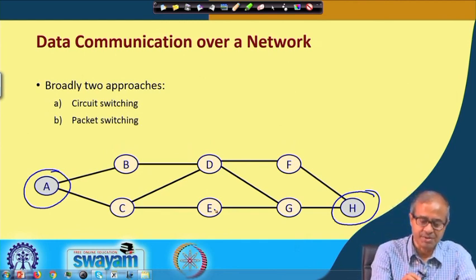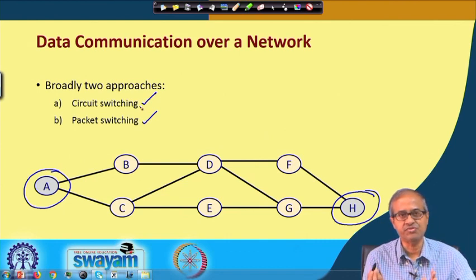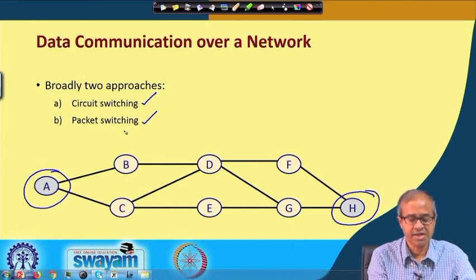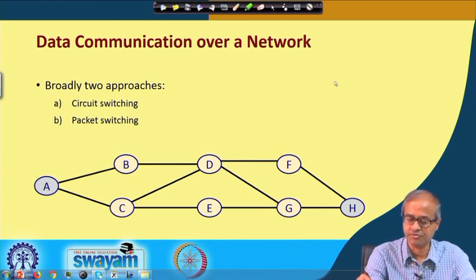Broadly speaking, communication may happen using two techniques. One is called circuit switching, which was more traditional, the old method, and nowadays we have something called packet switching. Let us look into this one.